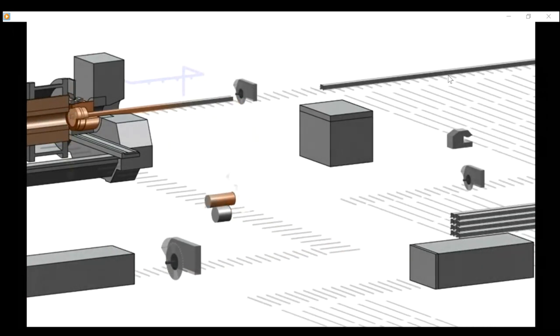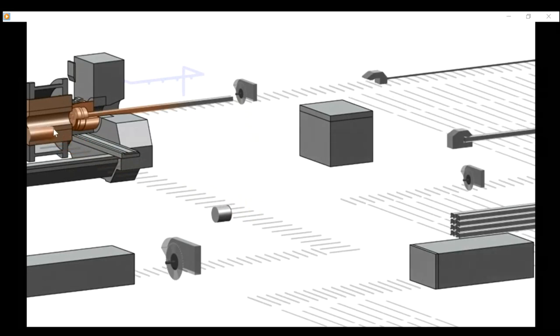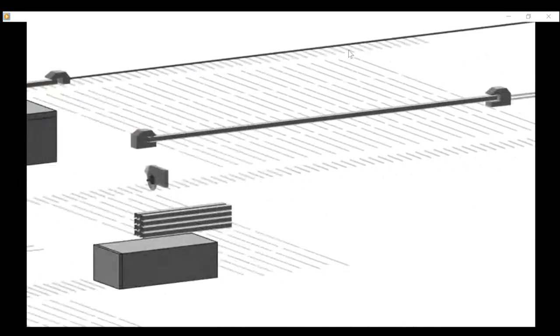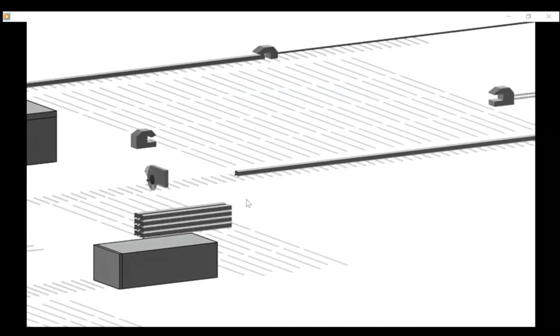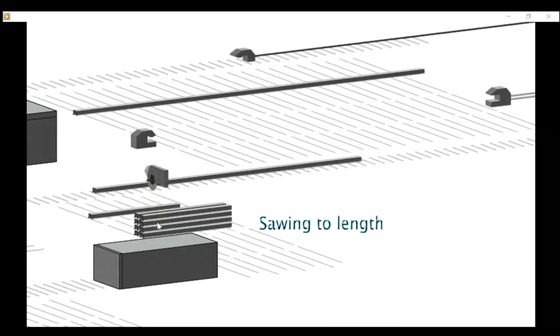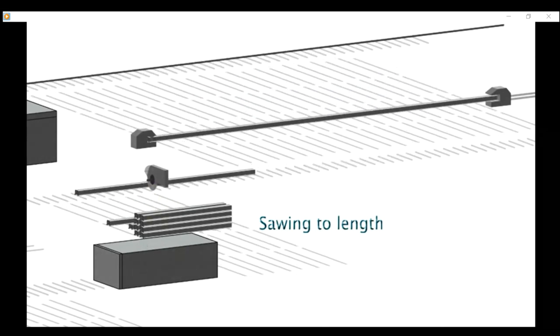Here we cut it to the needed dimension. Another one is coming here. This is the extrusion. You see, it is a long distance. Here, this is the extruded part. Probably we cut it to the required dimension of the extrusion.